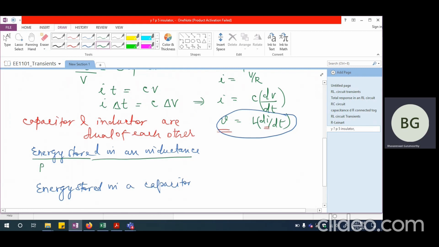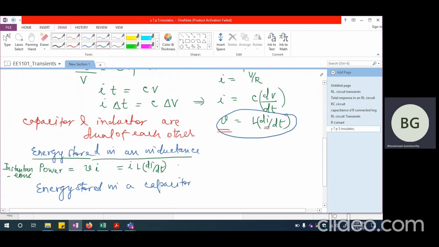So I can say the instantaneous power, if I try to calculate, should be V multiplied by I. I'm writing instantaneous power. Instantaneous power is V multiplied by I. So I should be able to write this as L di by dt multiplied by I.